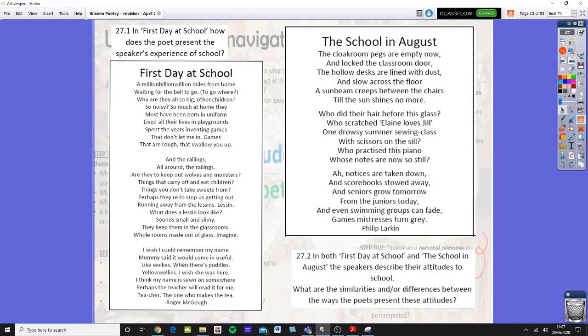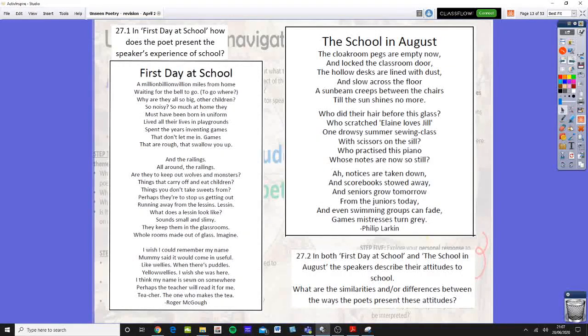Games that are rough, that swallow you up. And the railings, all around, the railings. Are they there to keep out wolves and monsters? Things that carry off and eat children? Things you don't take sweets from? Perhaps they're to stop us getting out, running away from the lessons.